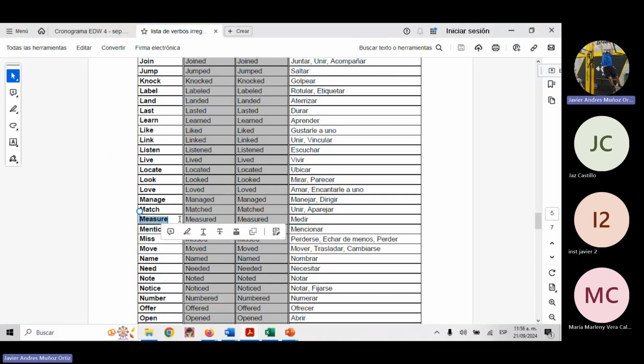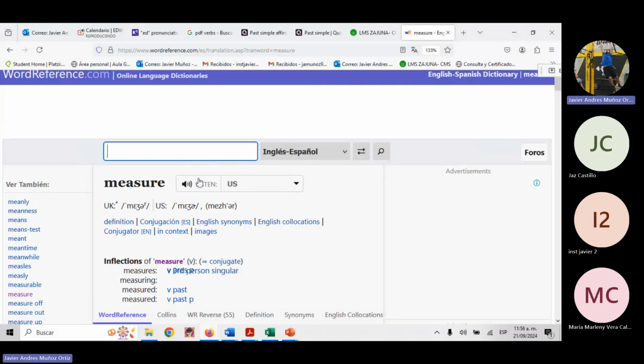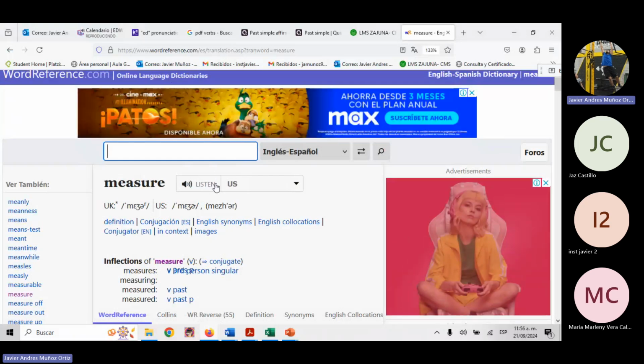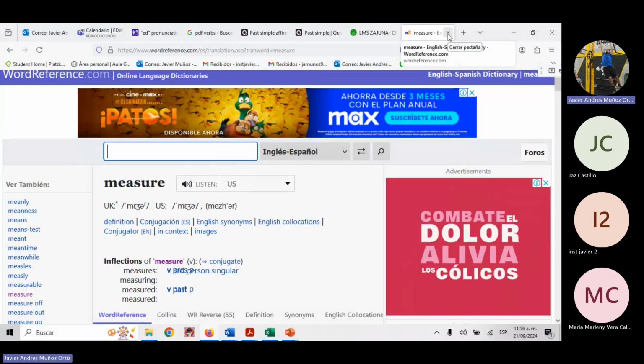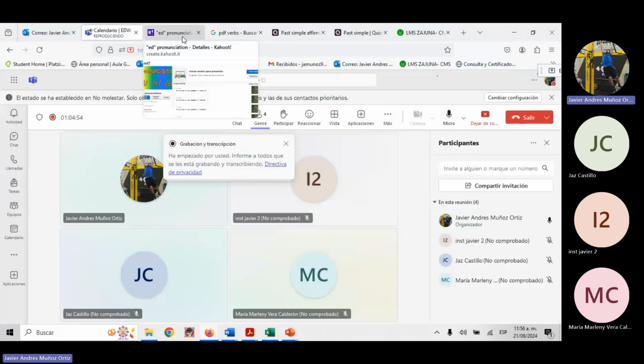Exagerando un poquito el gesto, porque uno cuando le coge el tino, obviamente no lo exagera, pero al principio sí es bueno hacerlo, ¿vale? Entonces, sugerencia, tome la lista de verbos, mírelos aquí en Word Reference o en un diccionario que le permita escuchar la pronunciación y haga el ejercicio usted, ¿vale? Para ver la pronunciación correcta de los verbos regulares, porque los regulares son los del dolor de cabeza en pronunciación.